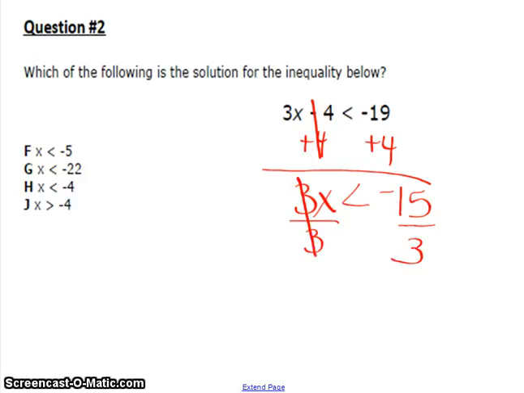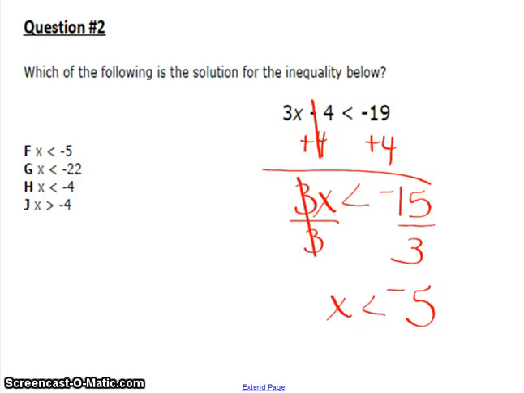When I do that, the 3's will cancel, and it will leave me my 1x. And x is going to be less than the answer to negative 15 divided by 3. 15 divided by 3 is 5. And since my signs were opposite, that means that my answer is a negative.